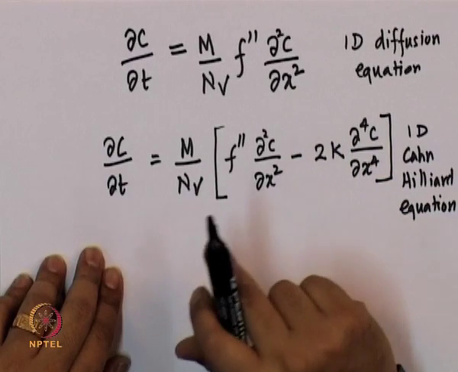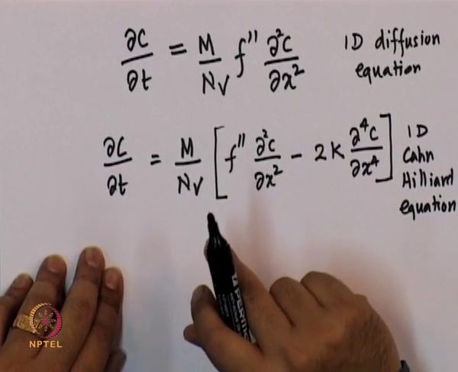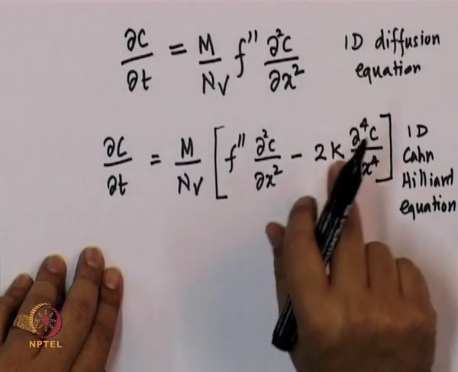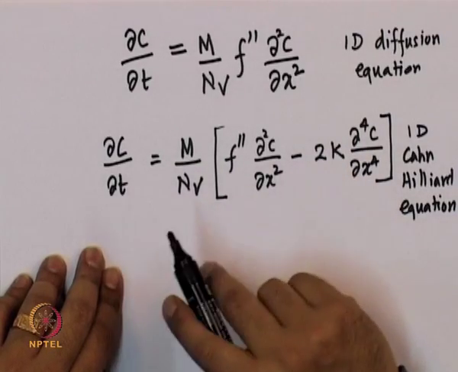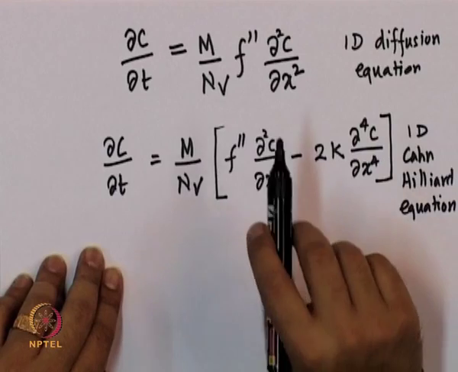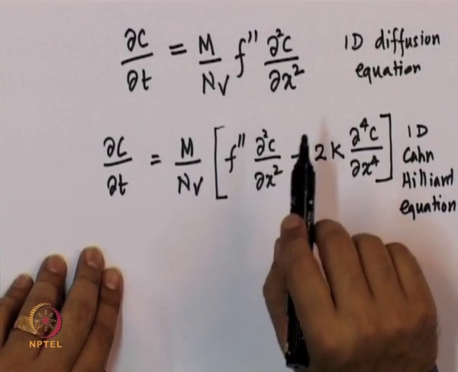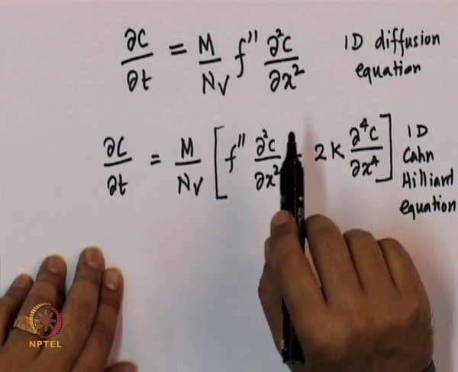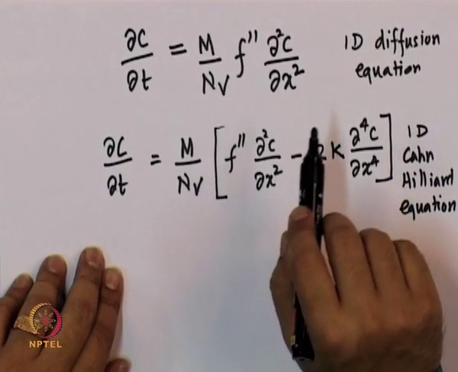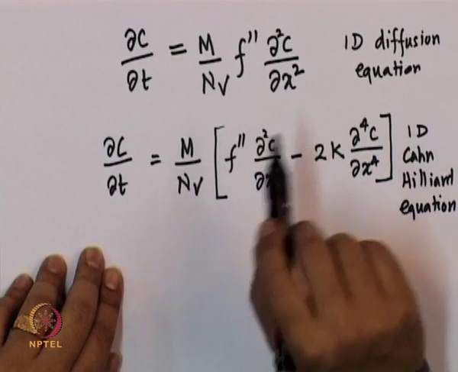And in the case of ordering, it is the AB bonds which are preferred, but we started with a system which is supposed to prefer AA and BB bonds, while the continuum equation gave a solution in which it prefers only AB bonds.